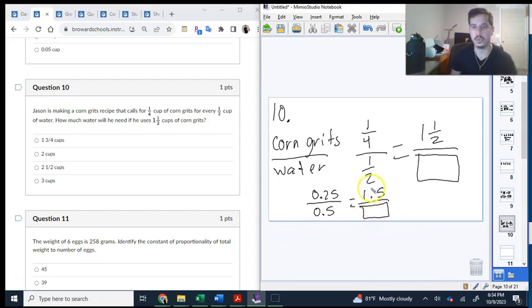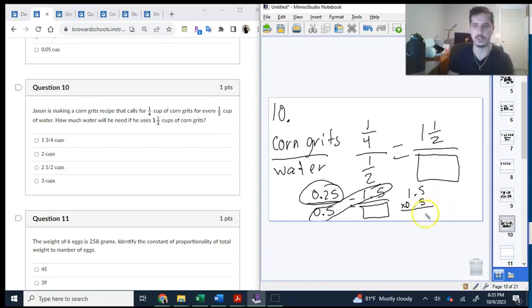So when we work it out, it is 1.5 times 0.5. I believe it's 0.75.